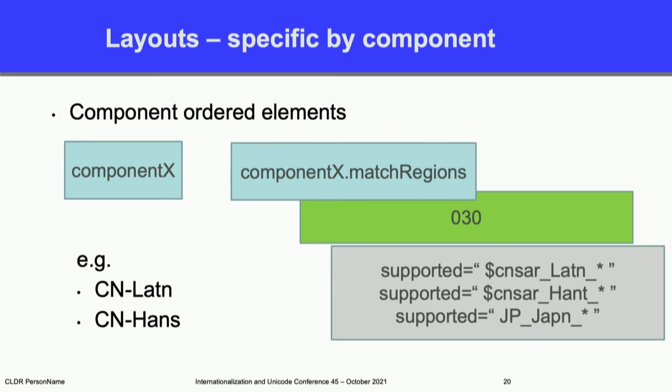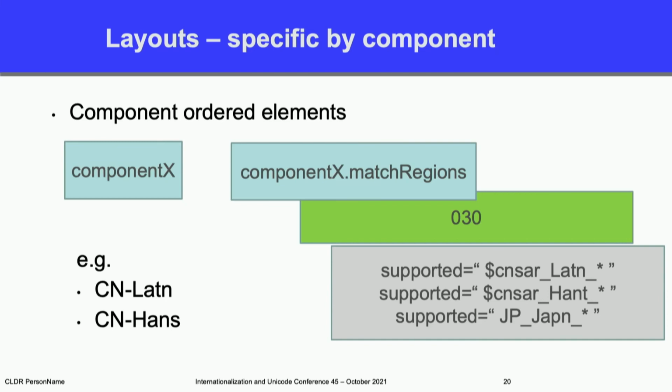So for example, I might have China in East Asia, but then I have the SAR regions of China, which are using Han T for traditional Chinese. So I may have a Latin, a Han S, and I may have a match group SAR region for Han T for going into Hong Kong and Taiwan.